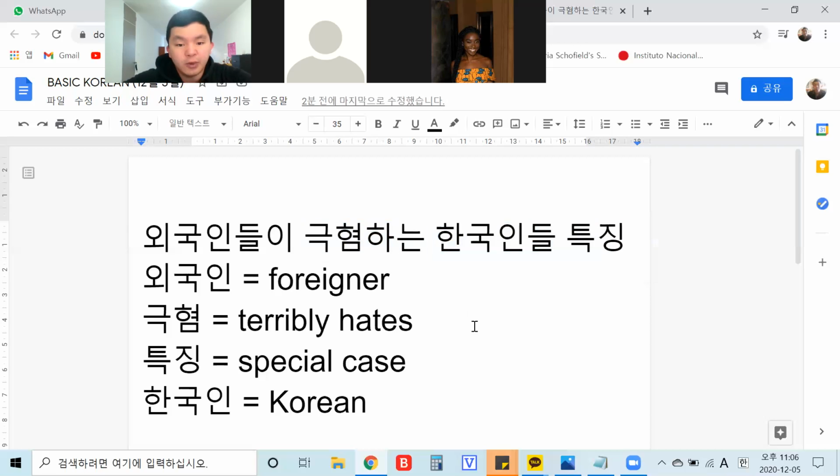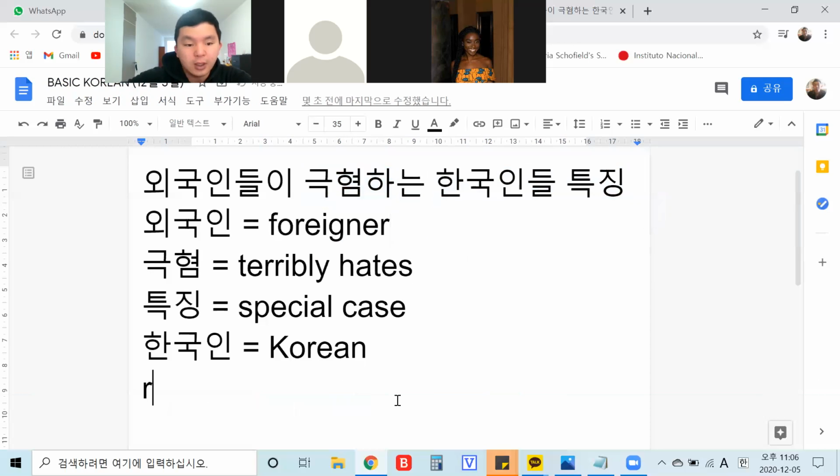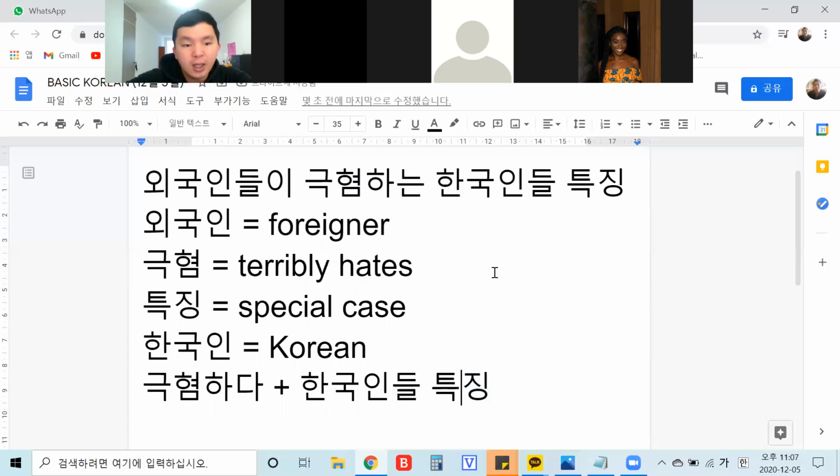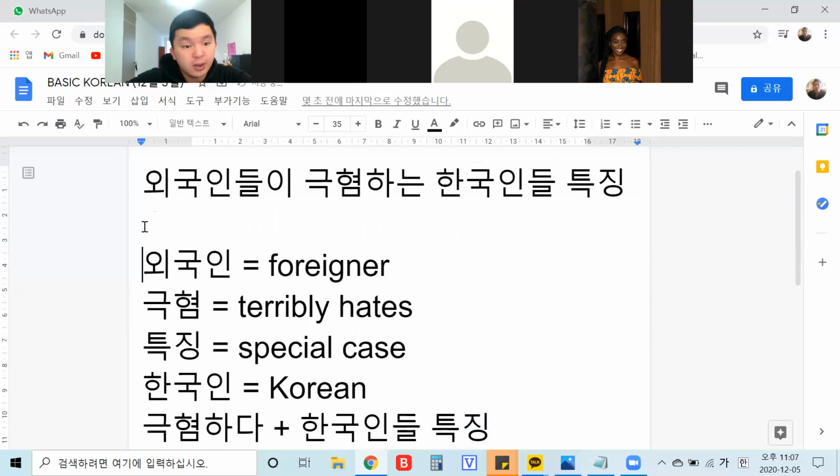Let me write it down here at the bottom. 극혐하다, to terribly hate, plus 한국인들 특징. This is a noun. And don't forget, noun plus 들 makes plural. So 외국인들 is foreigners, 한국인들 is Koreans.